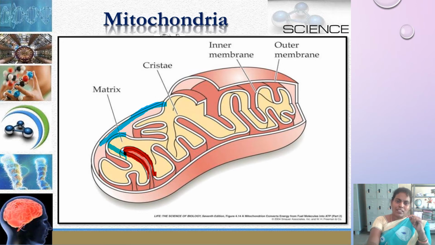This empty place is called the matrix. This folded part of the inner membrane is called cristae. If you see more deeply, the cristae contain many rounded body-like structures like this. These are called oxysomes. I will draw here.